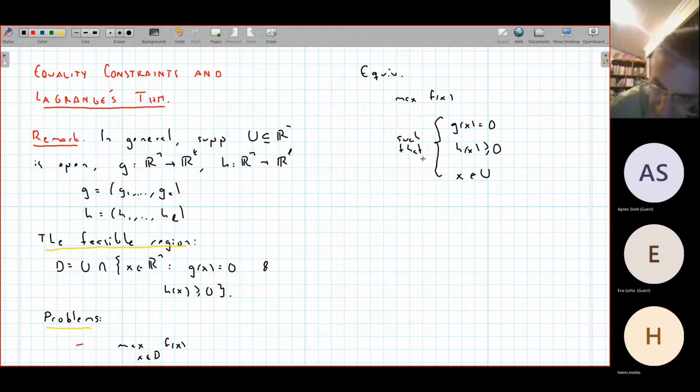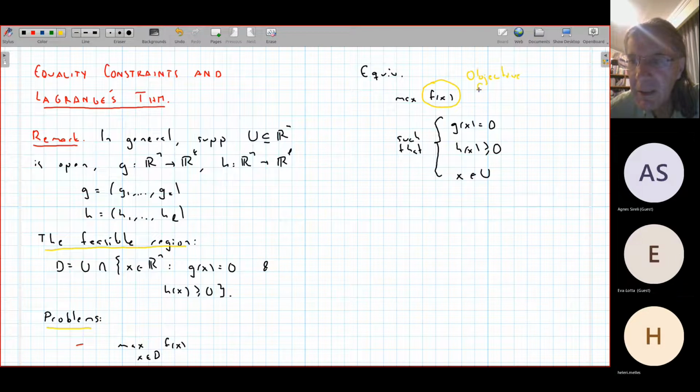These are the type of problems that we would like to solve. This is the most general form of those problems. This is what we call the objective function. And these are what we call the constraints.